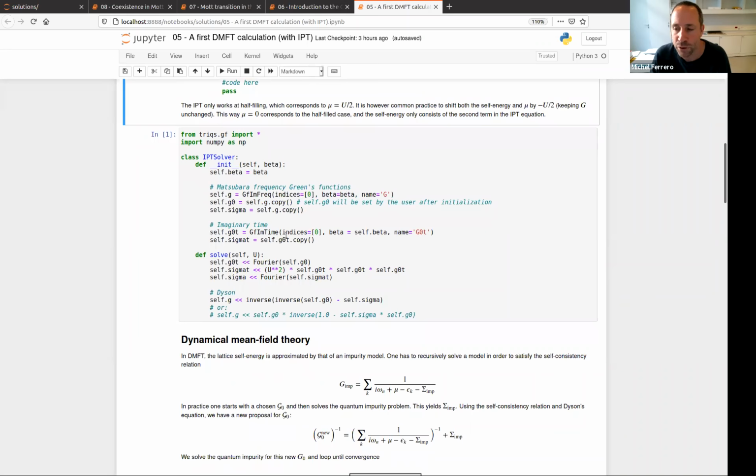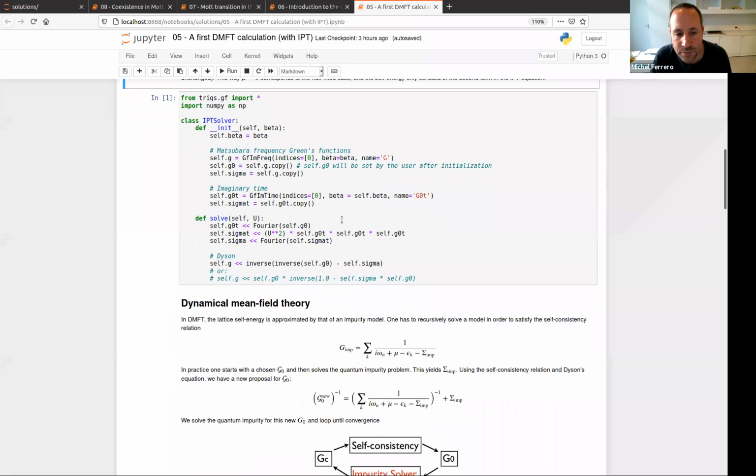Then we will have to Fourier transform as before between frequency and time. So I need a time-dependent counterpart of G0 and sigma. Those are GF, but in imaginary time, and the same thing for the self-energy. So those are all prepared when I instantiate my class, when I create my object.